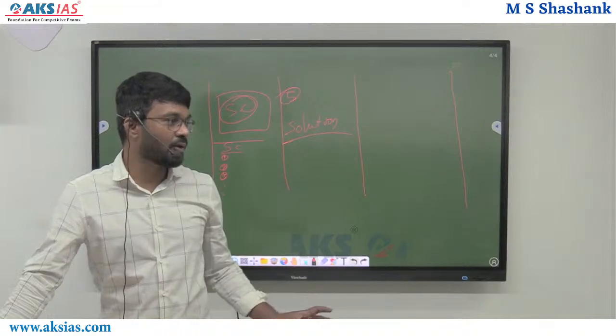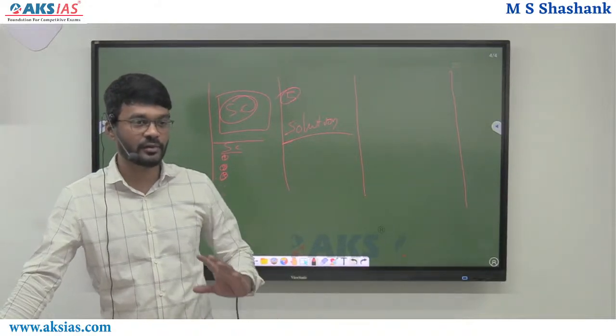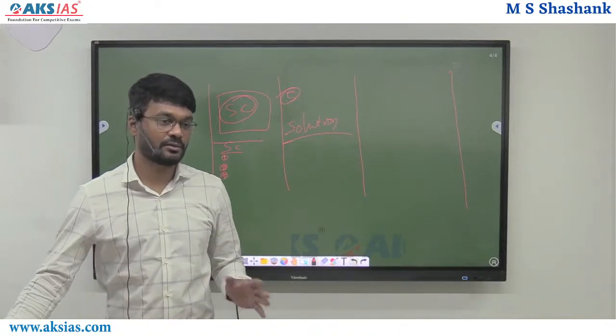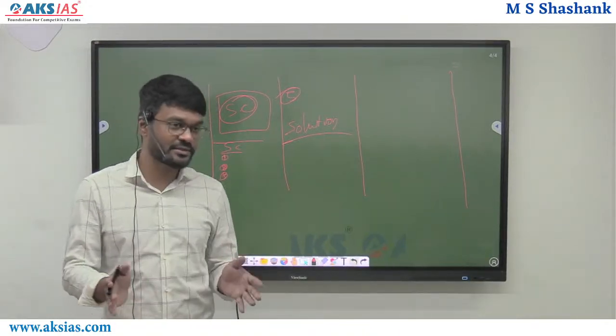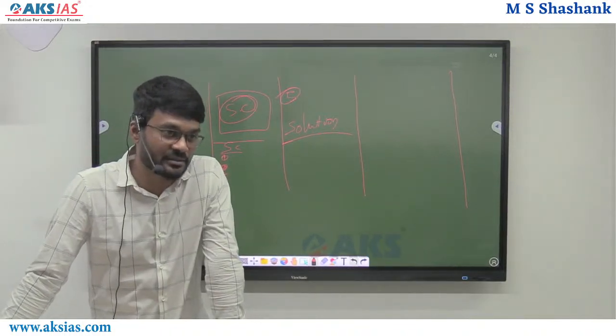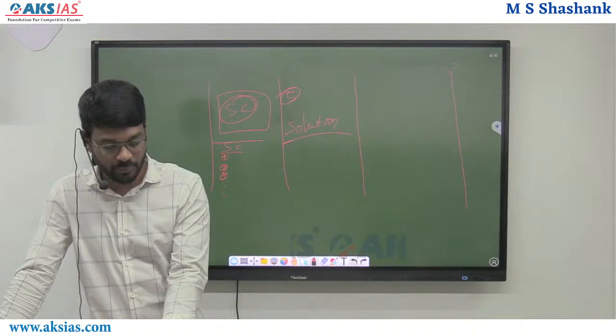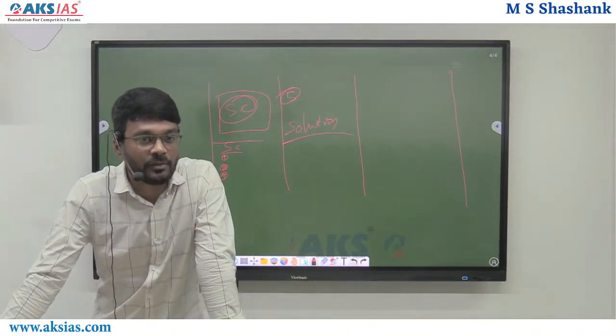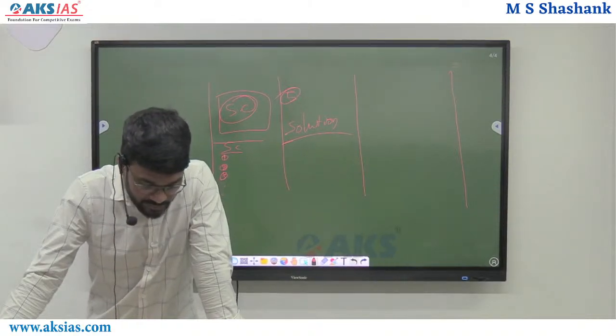When the government wanted to bring this particular bill, there were serious differences between both the chambers, Rajya Sabha and Lok Sabha, and that bill was pending for 6 months. After the 6 months, considering the importance of the bill, the president ordered a joint sitting. Then the bill got passed. Okay, so you can give that as an example.